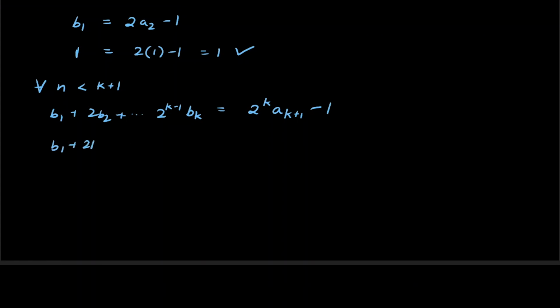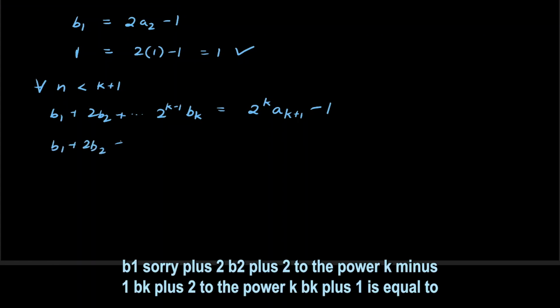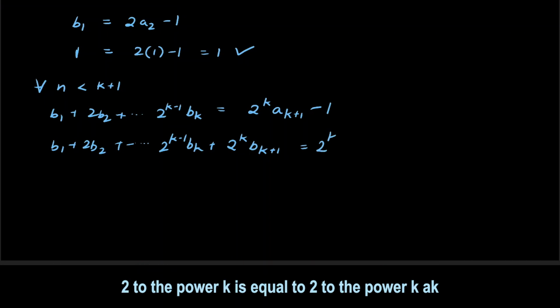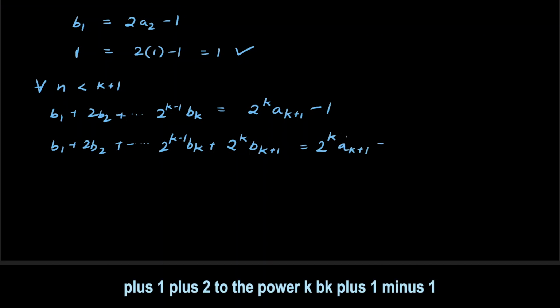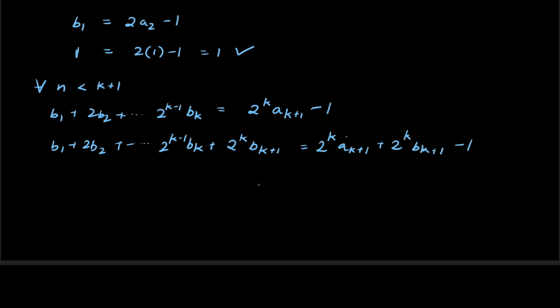We get b_1 plus 2b_2 till 2 to the power k minus 1 b_k plus 2 to the power k b_{k+1} is equal to 2 to the power k a_{k+1} plus 2 to the power k b_{k+1} minus 1, right?